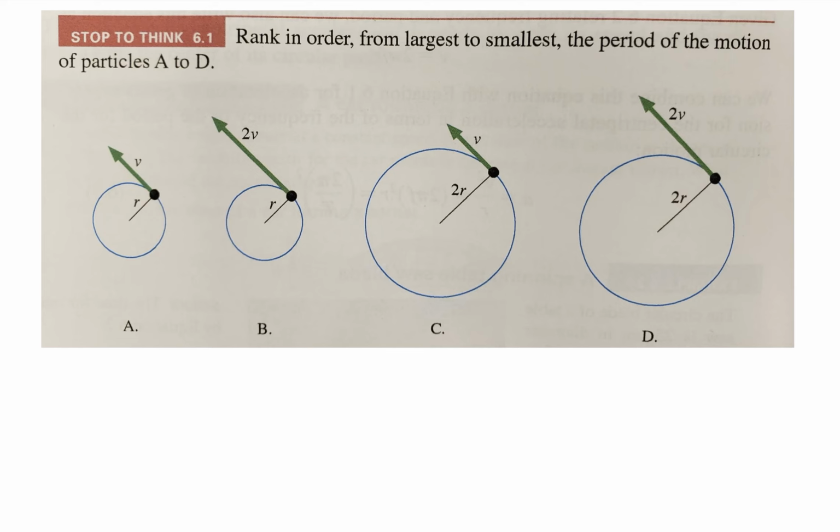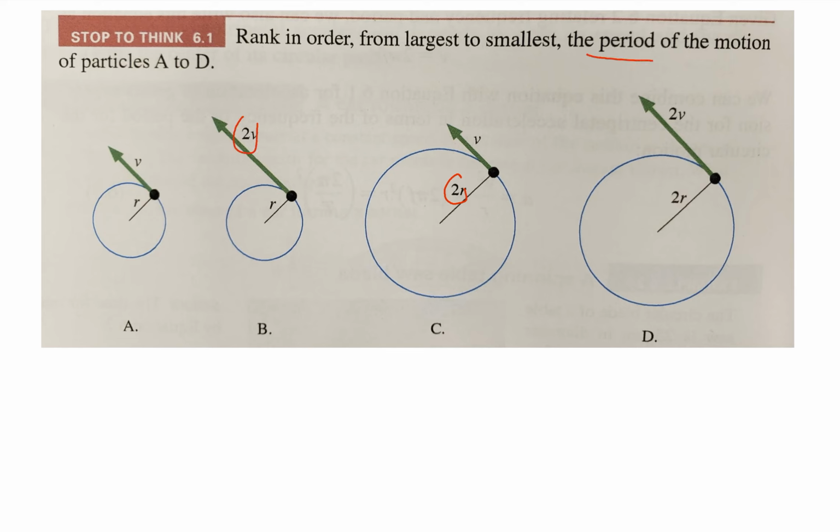So the big question is, what formula or idea, concept do we want to use? Well, if you notice in this problem, what's changing is the radius and the velocity, right?